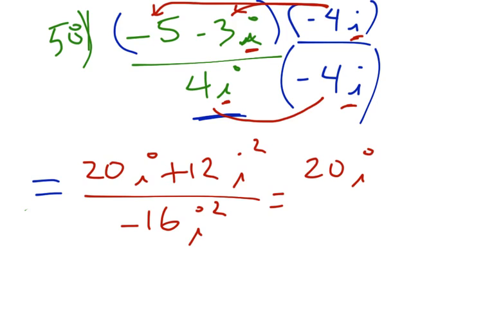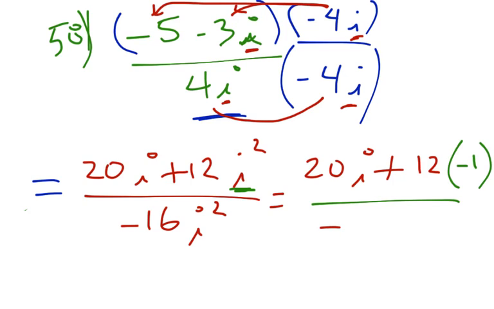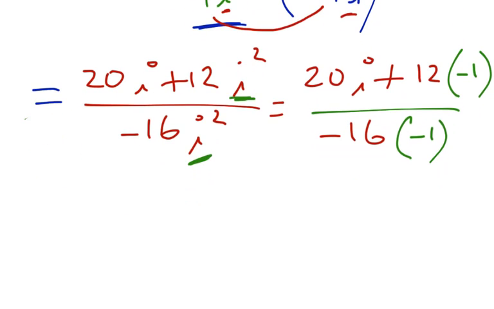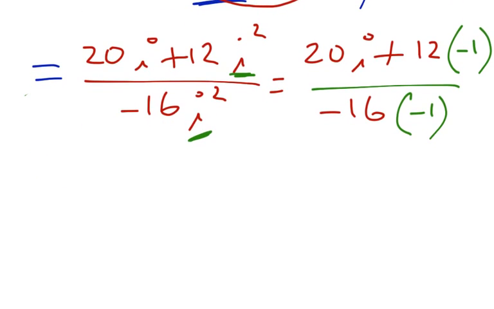So I have 20i on the top plus 12 i squared. Now instead of the i squared, I change it into negative 1. The bottom, I have negative 16 i squared, but instead of writing i squared, I write negative 1. Okay, you always change your i squares to negative 1.